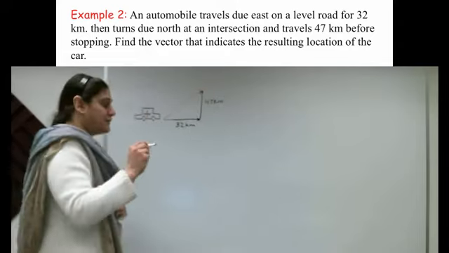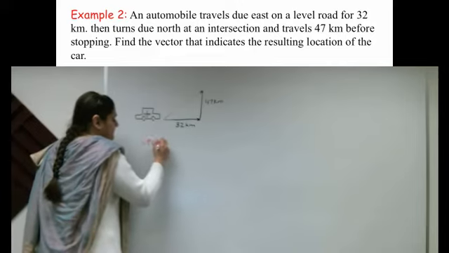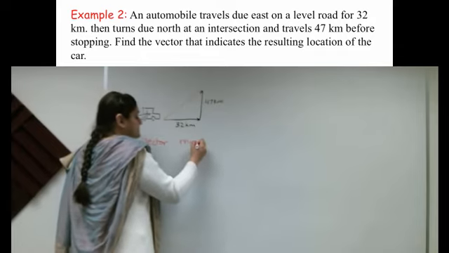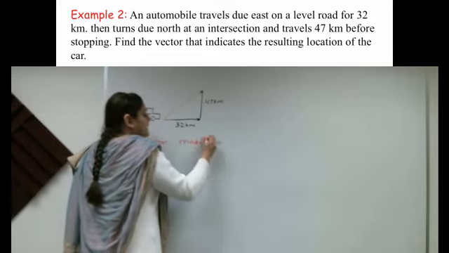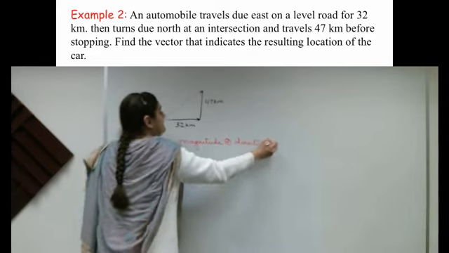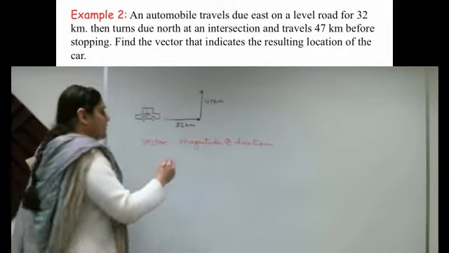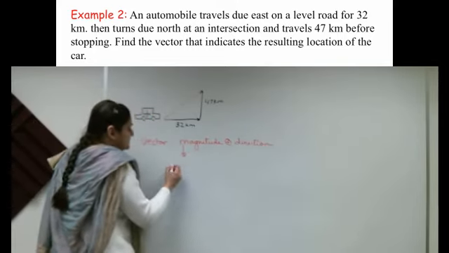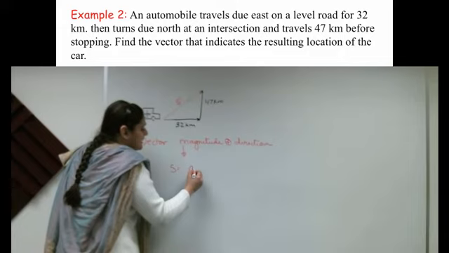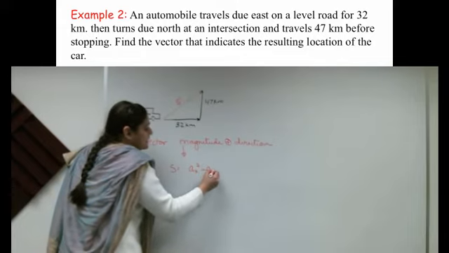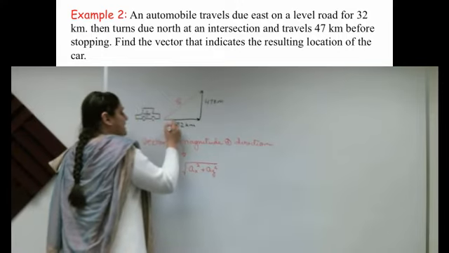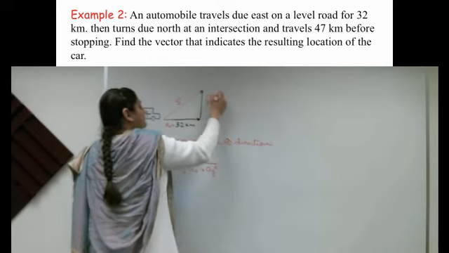Now, since they're asking for a vector, we know that a vector should have magnitude and direction. In order to calculate the magnitude, we use the resultant S, which equals the square root of ax squared plus ay squared, where this is ax and this is ay.